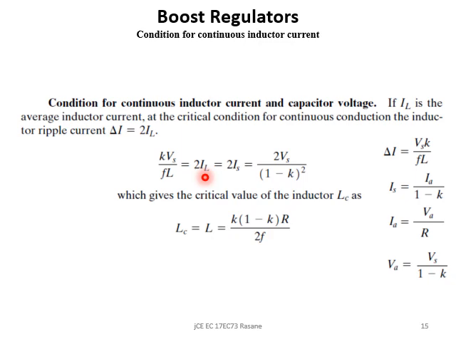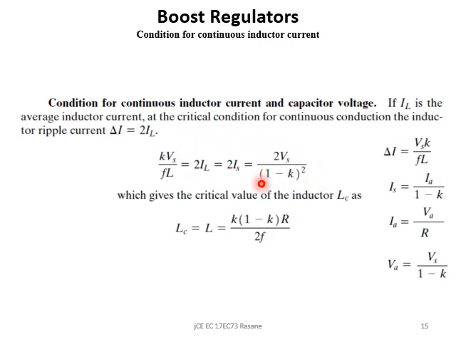In this case, the inductor current is the same as the supply current. So 2 into Is. We know that Is is Ia upon 1 minus K, and we also know that Va is Vs upon 1 minus K, and hence I get this expression. This is equal to 2 into Vs upon (1 minus K) the whole square. Try to substitute and get this particular answer.